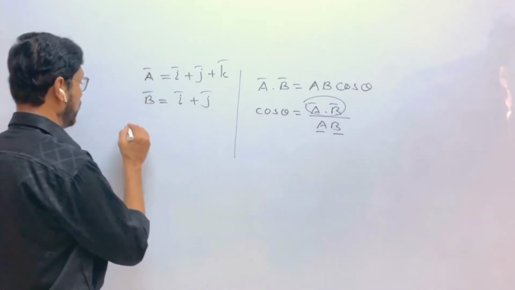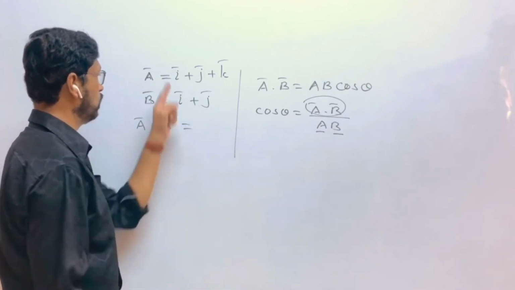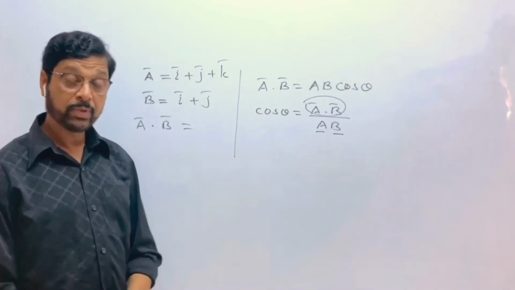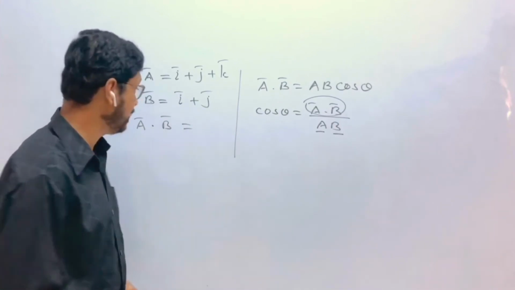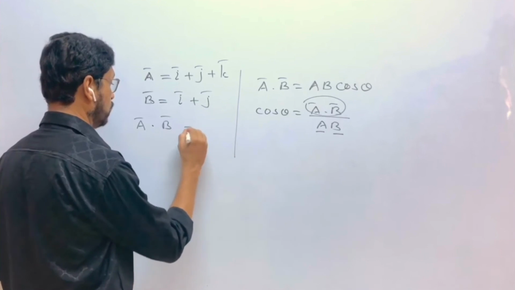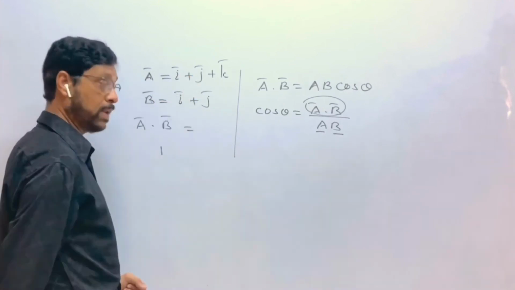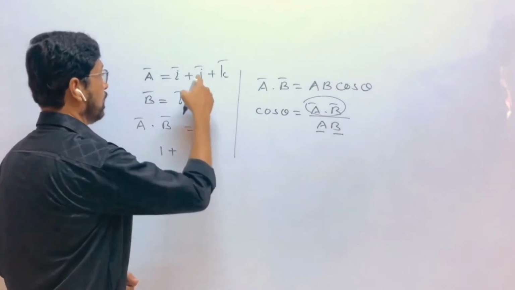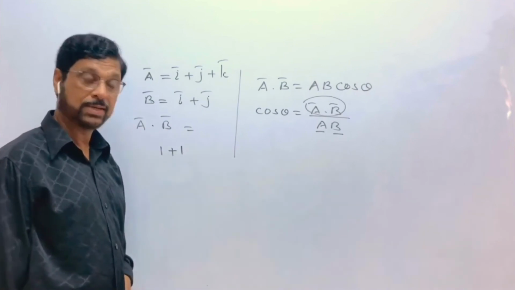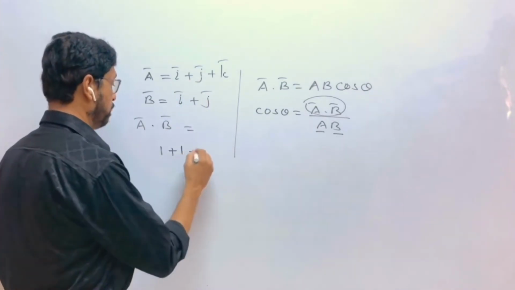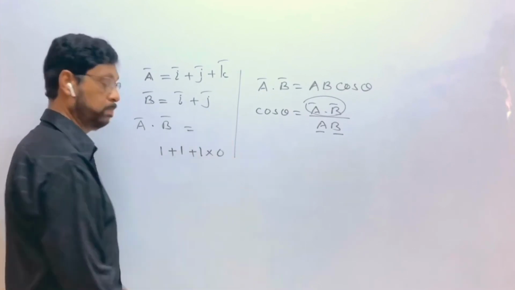So first of all, let us see what A dot B is equal to. A dot B is AX BX plus AY BY plus AZ BZ. So this will be equal to AX BX, means 1 into 1, that is 1, plus AY BY, 1 into 1, plus AZ BZ, which is 0.